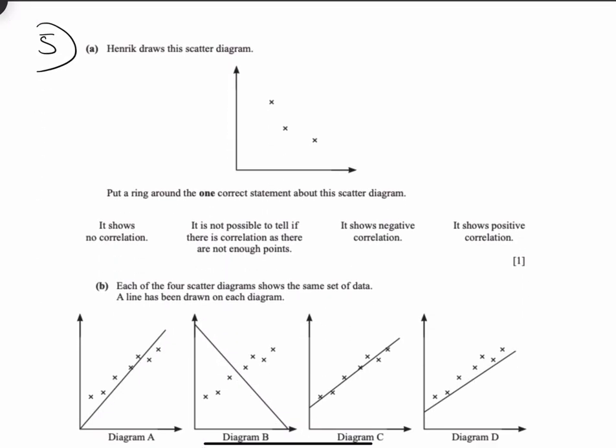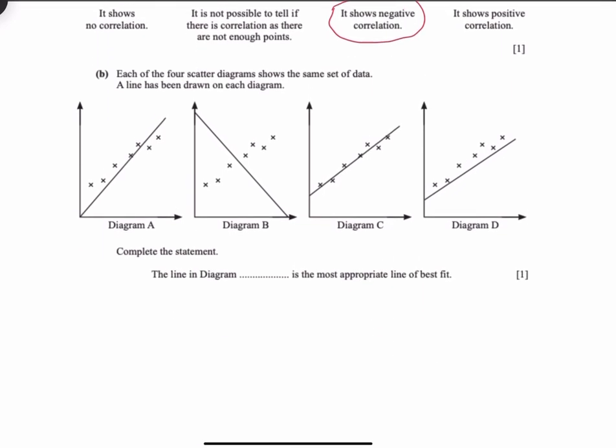Now in question number 5, it's about correlation and the line of best fit. Here the trend goes down a little bit, so I'll say it shows negative correlation because the trending line goes down this way. And in B, each of the 4 scatter diagrams show the same set of data. A line has been drawn in each diagram, so this of course does not work out.